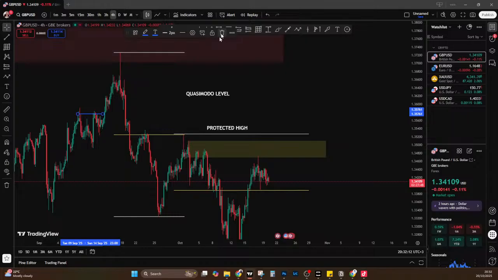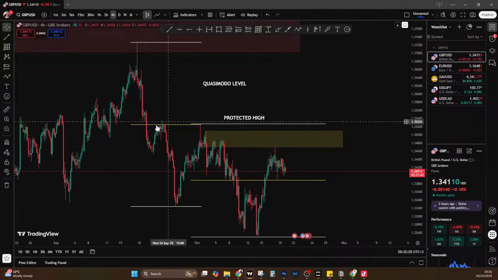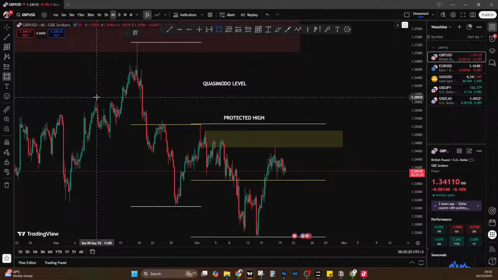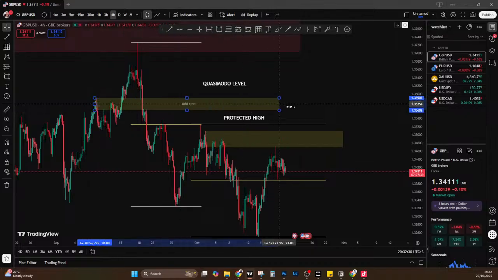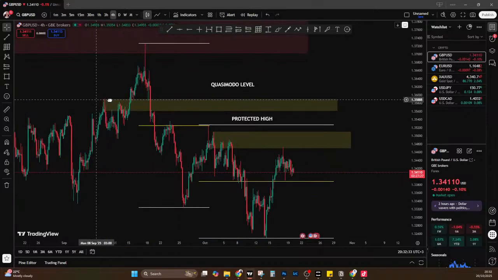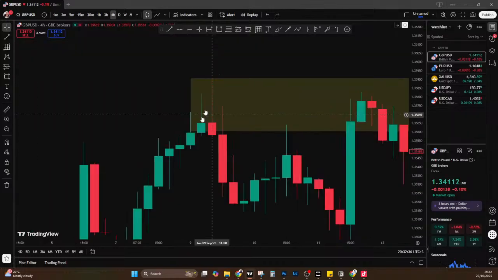So we need to understand something. Did this market sell from a Quasimodo level? Where is the Quasimodo level? You see the last buy before the significant sell. That one. That is what I'm talking about.